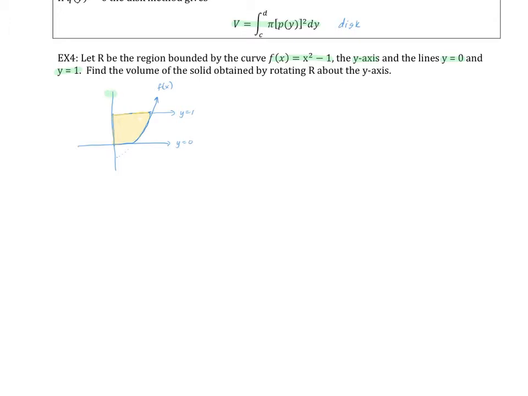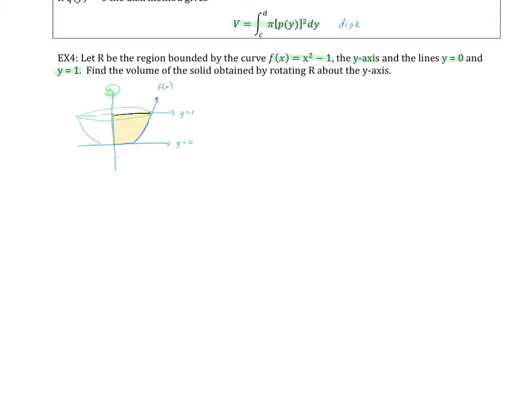Sorry. So if we rotate this about the y-axis, we're going to create this volume where we have our disk.